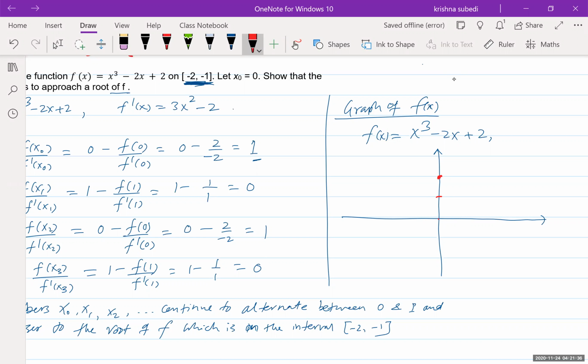When y equal to 0, solving this gives me approximately somewhere here, approximately 1.8, 1.9 negative, somewhere there. And then the critical number is going to be around 1. So it may not be the accurate graph, but the graph looks like this.